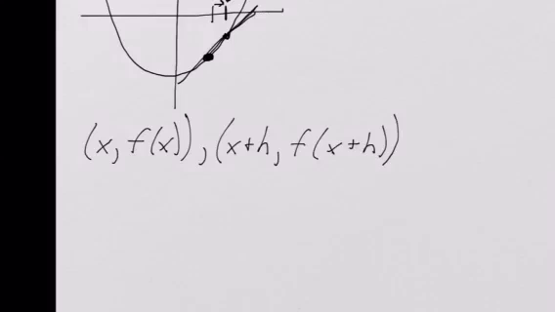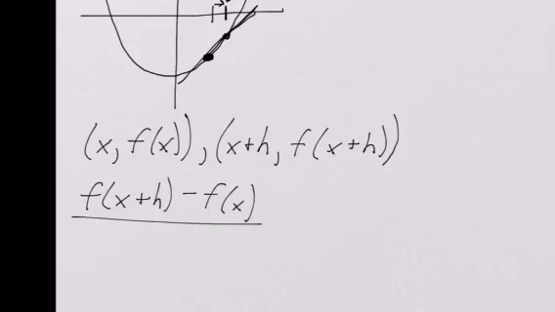So we can plug those into the slope formula. So we get f of x plus h minus f of x over x plus h minus x.